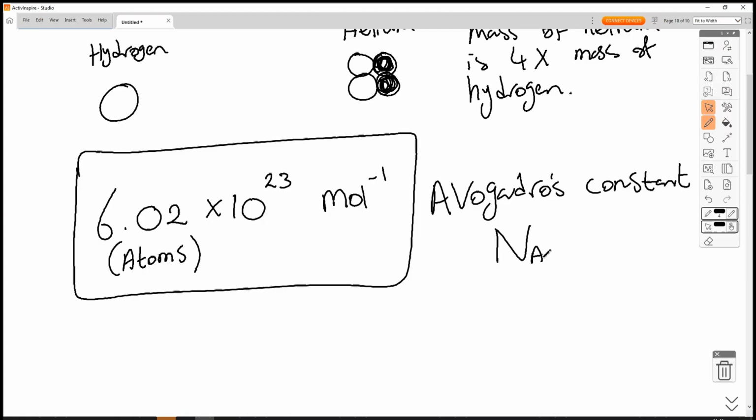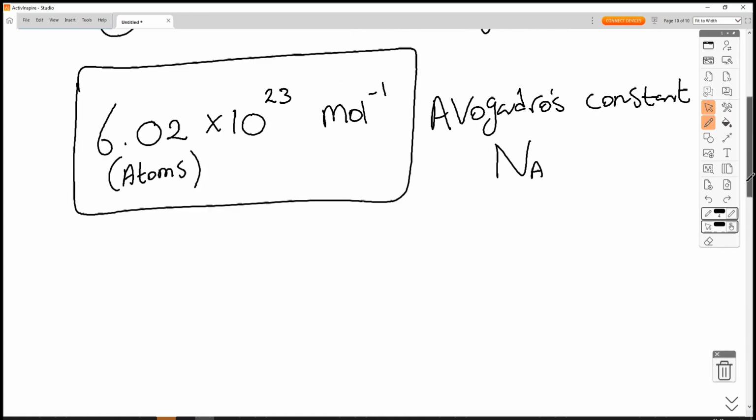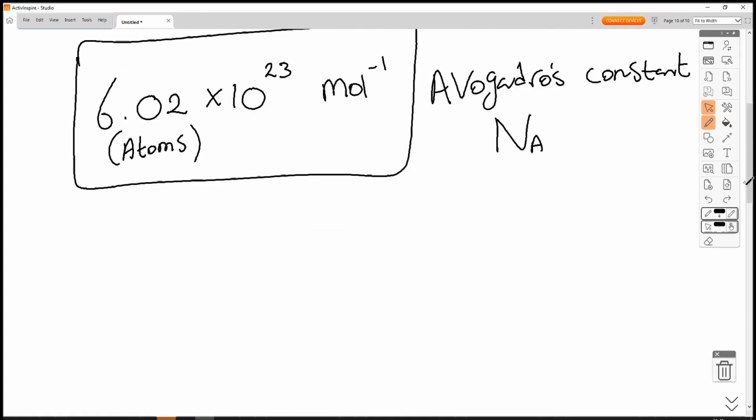As long as there are 6.02 times 10 to the 23, that is 1 mole. So if there are 2 moles, it will be 2 times that. If there are 3 moles, there will be 3 times that amount. So this many atoms is in 1 mole of a substance.